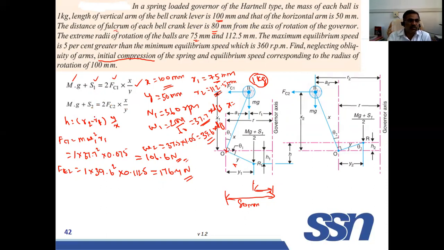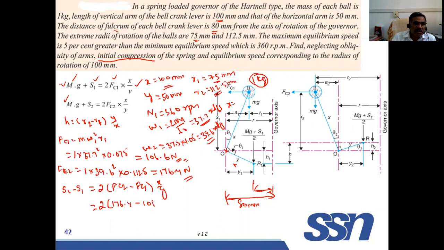If you subtract this equation from this, you will get S2 minus S1 is equal to 2 into FC2 minus FC1 into x by y. So here, 2 into 176.4 minus 106.6 into x by y.